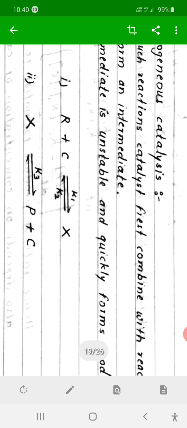X is generated by combining R and C, while X again decomposes into R and C.